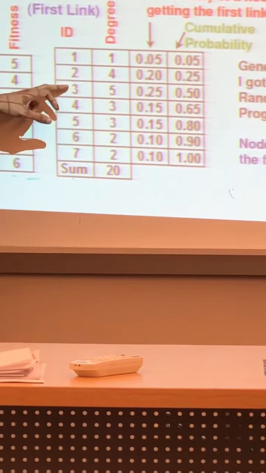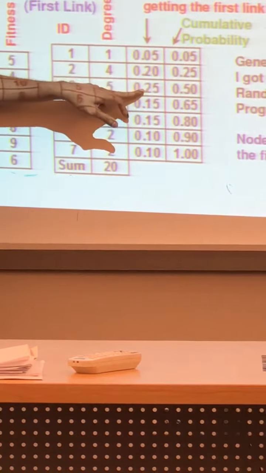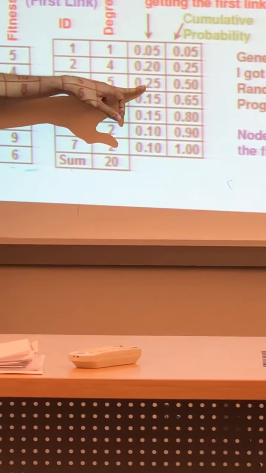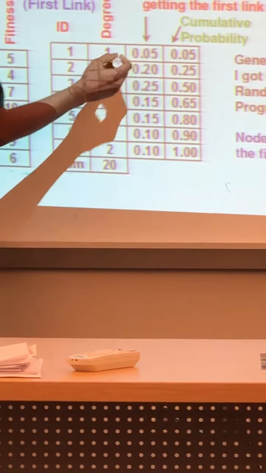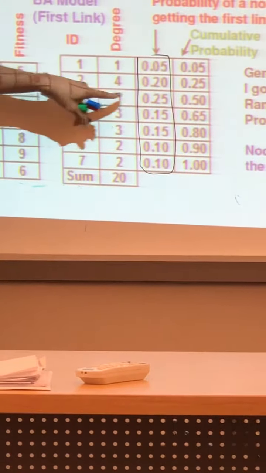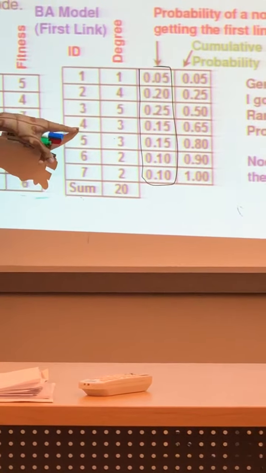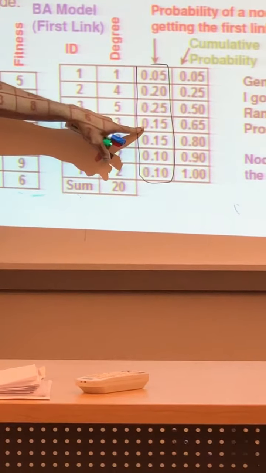So for including node 3, the cumulative is 0.25 so far plus 0.25 for just node 3, so that is 0.50. So the individual probability indicates the probability that node 3 will get the new link is 0.25. The probability that node 4 will get the new link is 0.15.